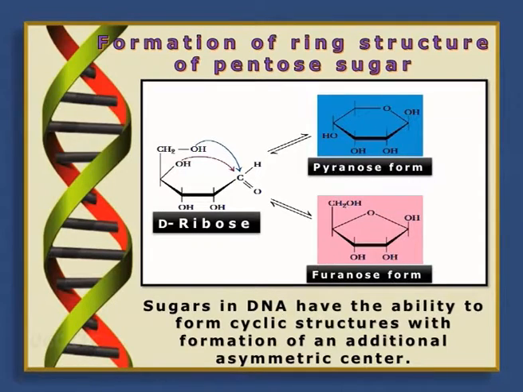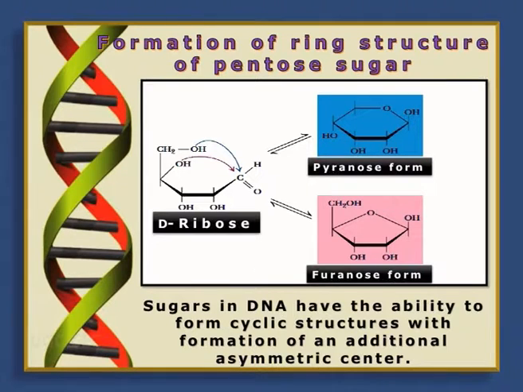Now let us take the second subunit, a pentose sugar, the diagram of which is shown in this slide. It is a 5-carbon sugar known as D-ribose. This D-ribose can change from the open linear form to a closed ring-like structure. As you can see, there are two closed ring structures: the pyranose form and the furanose form.